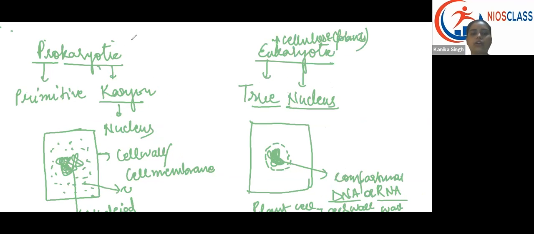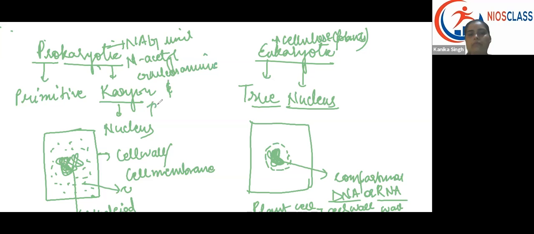In case of prokaryotic, cell wall is made up of NAG units, which means N-acetyl glucosamine, and also peptidoglycan, which means more of protein and some part of carbohydrates.